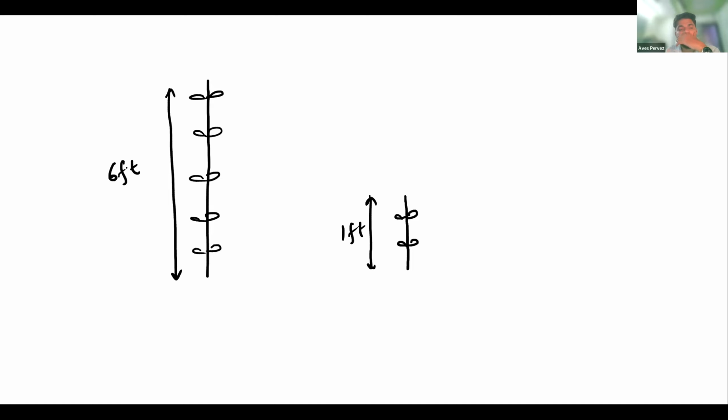Got it? What he did here was cross pollination. To obtain the first generation, he did the cross pollination.